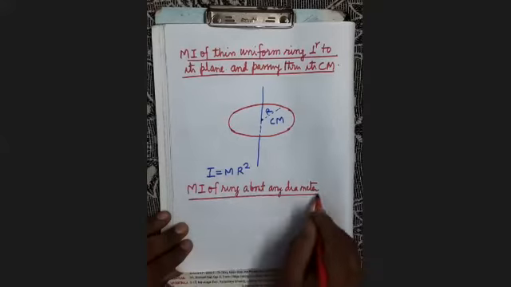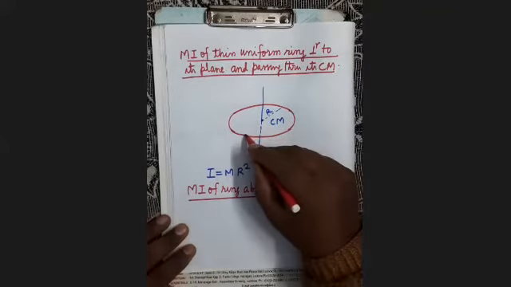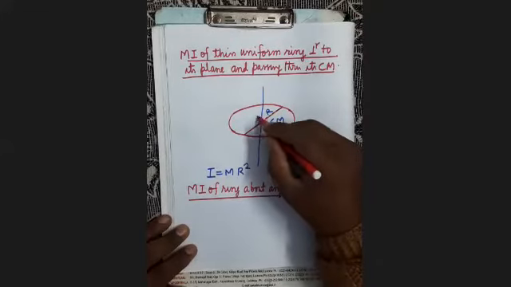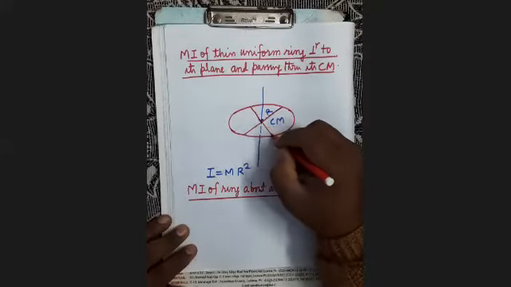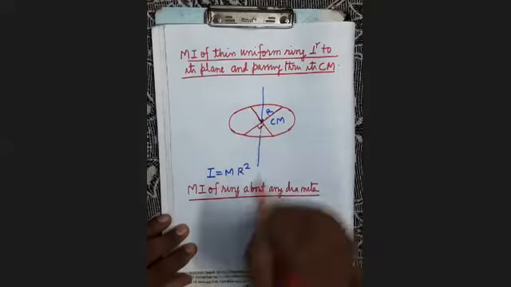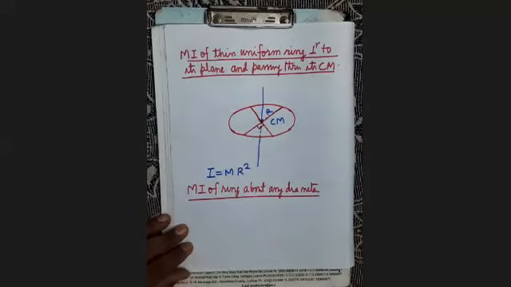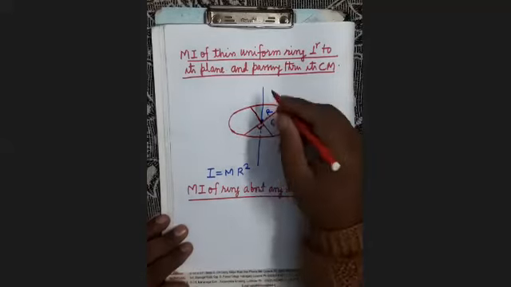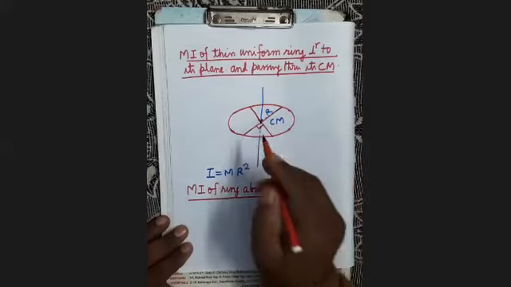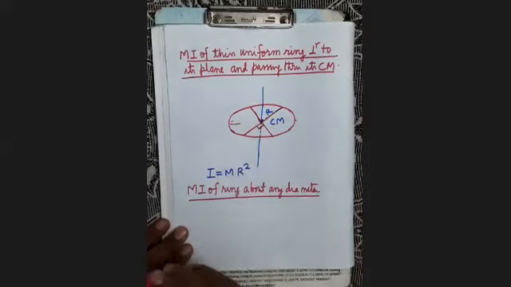So see here, we have taken two perpendicular diameters. One diameter is this and another diameter is this. These are the two perpendicular diameters. Since all the diameters are symmetrical, the moment of inertia about this diameter will be the same as about any other diameter.